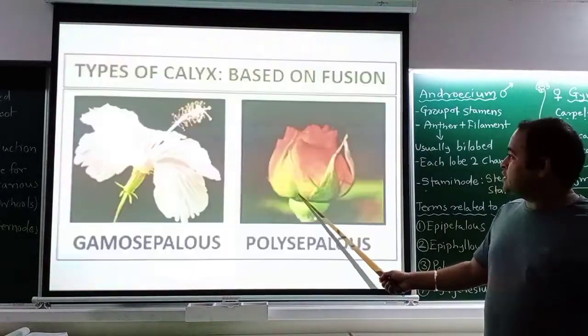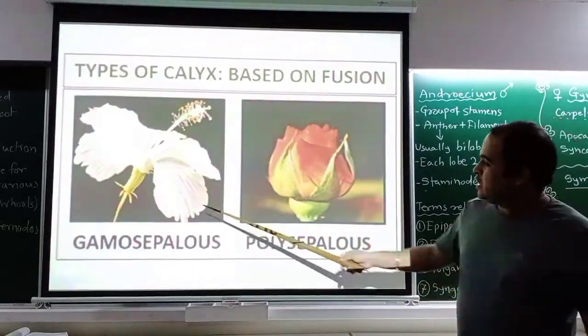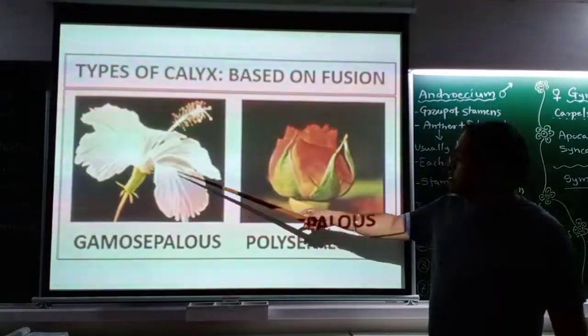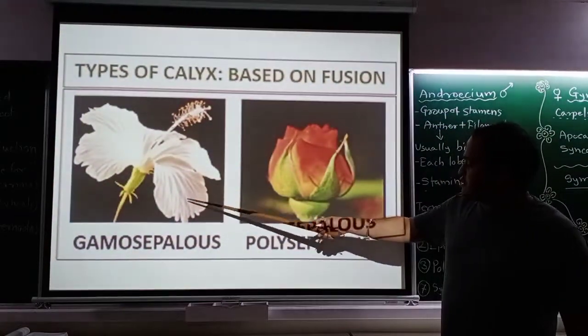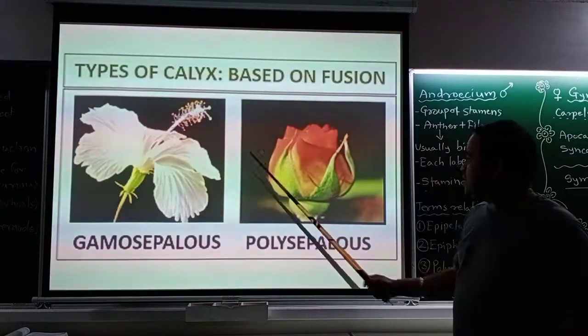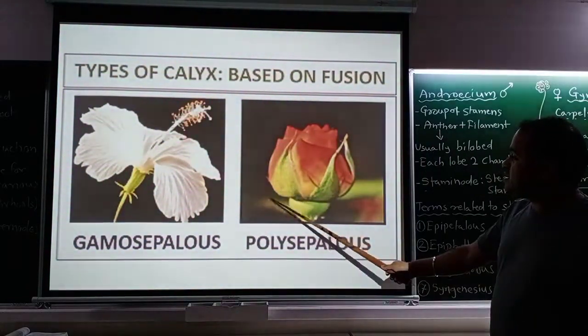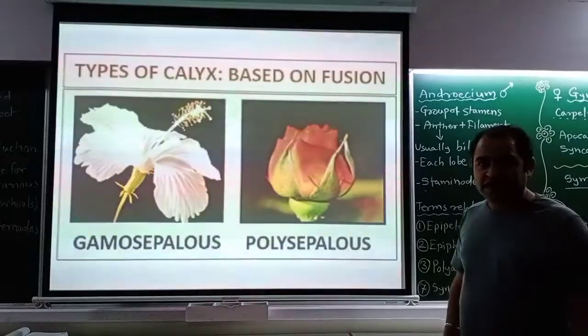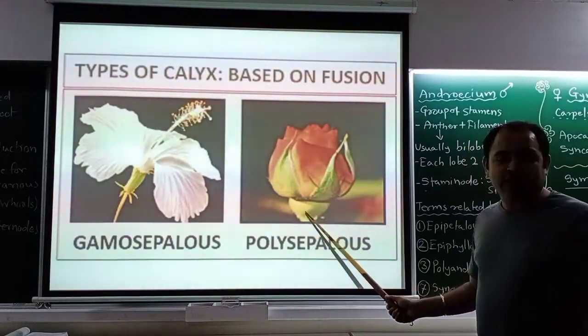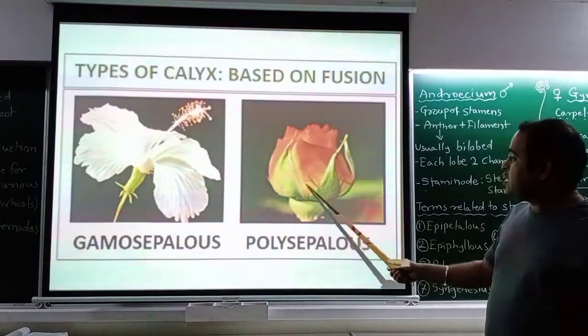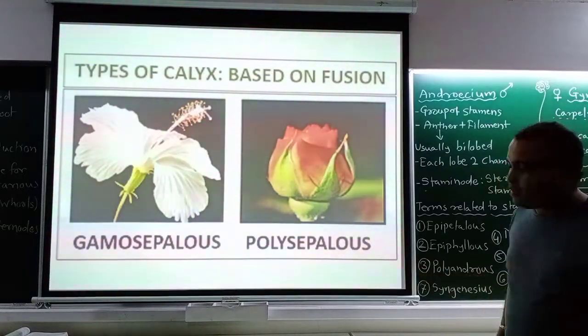So they are fused together. So here in case of hibiscus, you can easily find it is gamocephalus. Here in case of rose, it is polycephalus. Each sepal is separate from each other. It is not fused. It is fused with the thalamus only. It is not fused with the adjoining sepal.